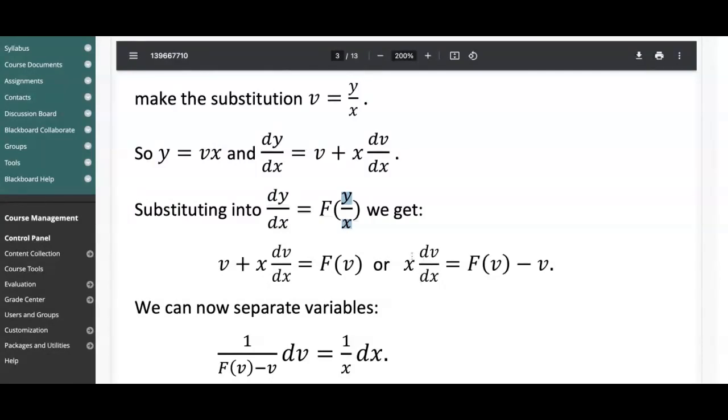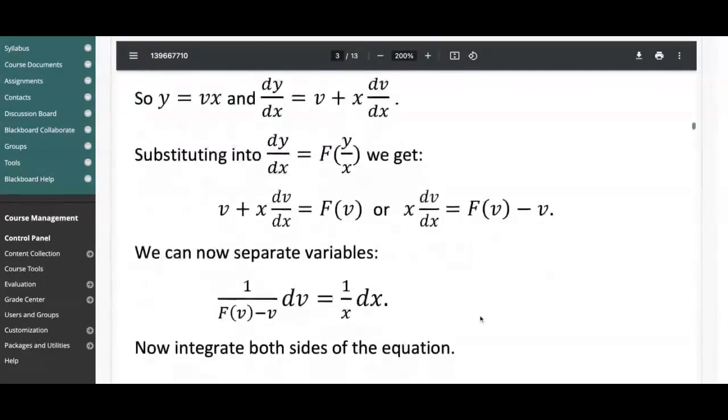And we can rewrite this as x times dv/dx equals capital F of v, so another function in terms of v, minus v. Again, on this side we have x, dx, and on the other we have v, dv.